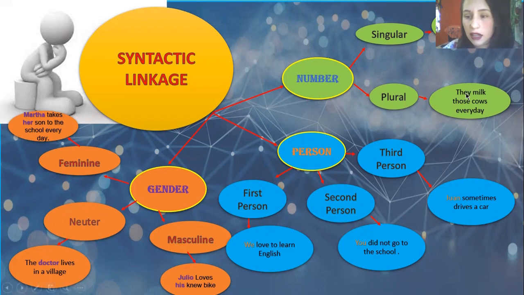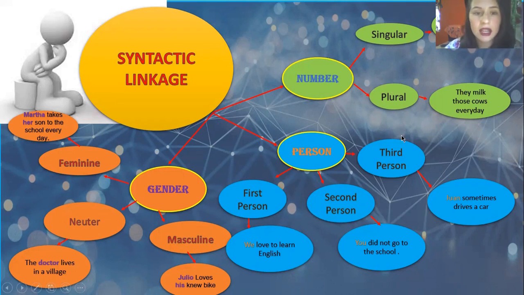As in the second example, in the same way, we have the subject pronoun they, which is referring to number. In these examples, we have the verb that also represents number, and so on.